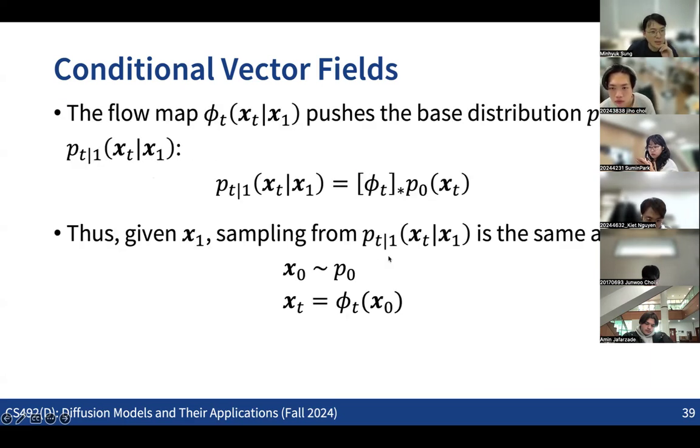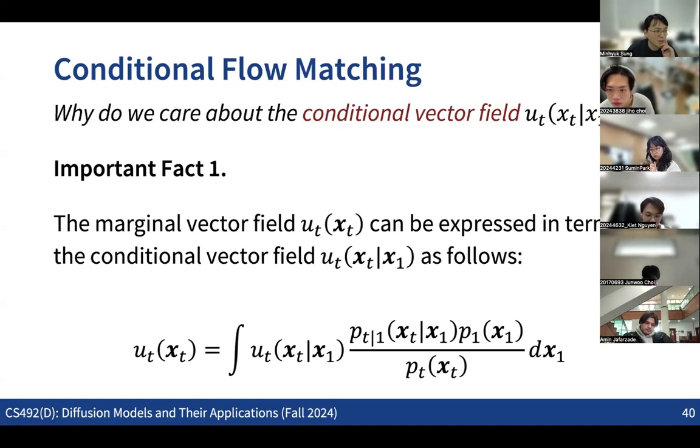So given this, you might wonder why we care about the conditional probability path and the conditional vector field. We are going to see why. The first reason is that now we can calculate the marginal vector field, this one, based on the conditional vector field in this formulation.